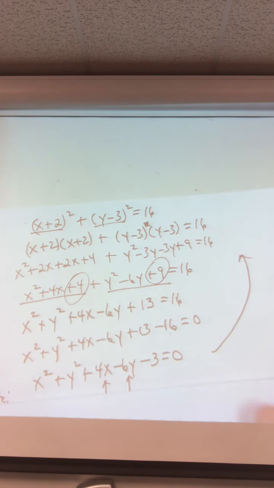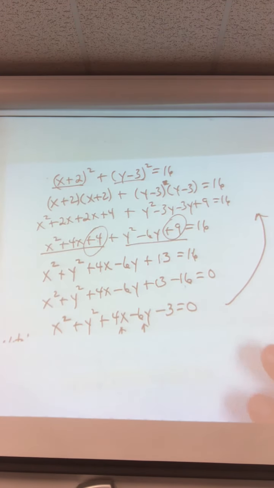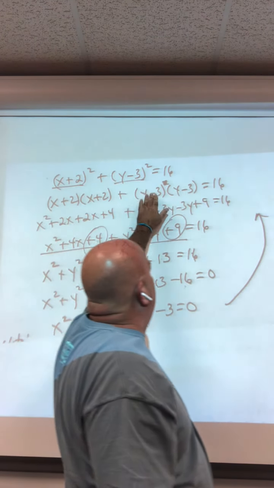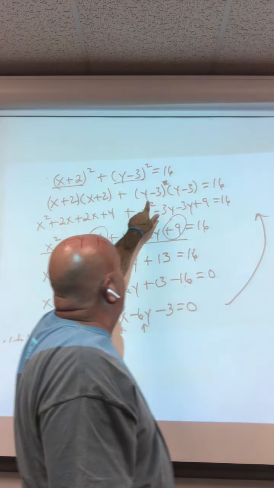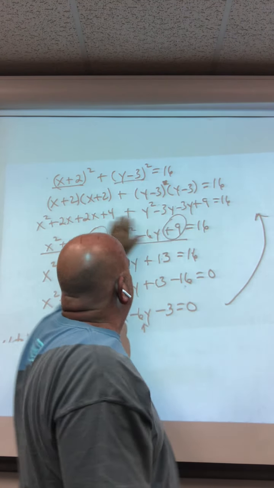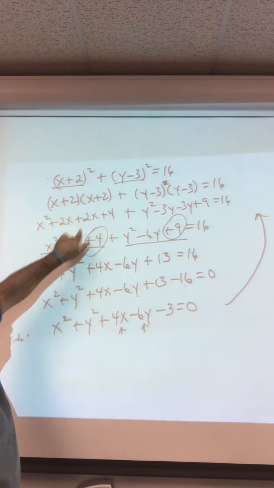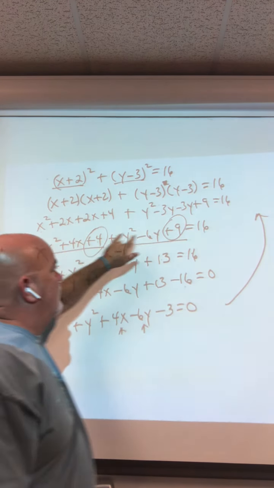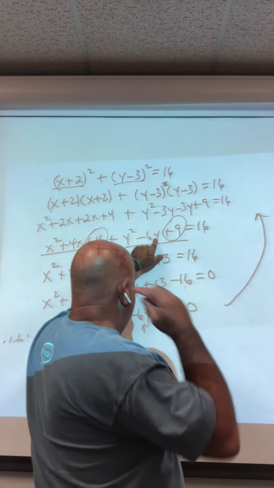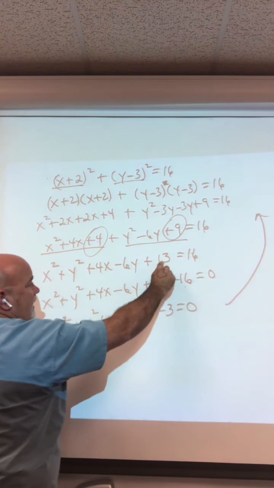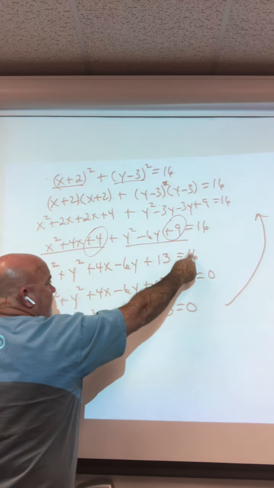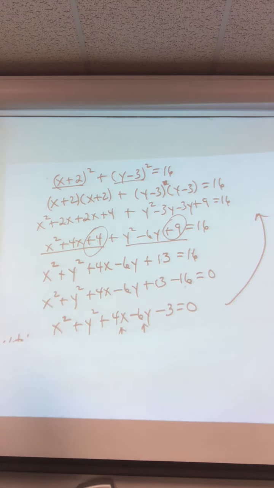Let's suppose I took it and I wrote it out twice, and did the y minus 3, wrote it out twice, and I FOILed this, and I FOILed this one to get this. All right, then I add the x's together. I add the y's together. And then let's suppose that I add the 4 plus 9 together, which is 13, and move the 16 back across. And I just rearrange the order.